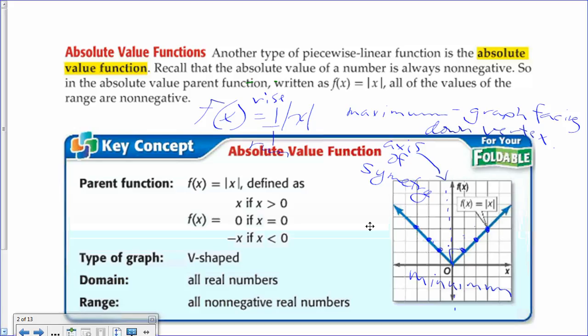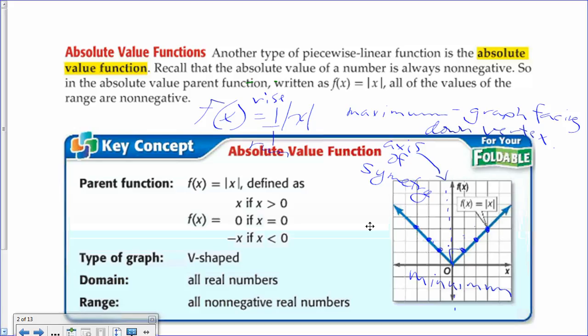Double T table. We could also use, what's this called? What's that called? Input-output table.